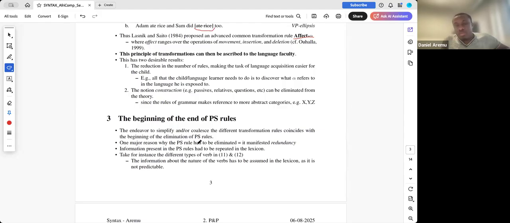Remember the earlier model of TGG, that is the transformational generative grammar, the earlier stage proposed the PS rules in order to have our structure explicitly represented, whether through a tree or bracket. But then we have the PS, the phrase structure rules that tell us what to bring together, what to pick, and how to build our sentence from subconstituents. But now at this point, the PS rules became redundant, and you will see why. It became redundant.